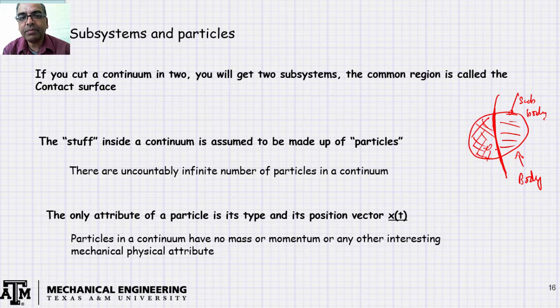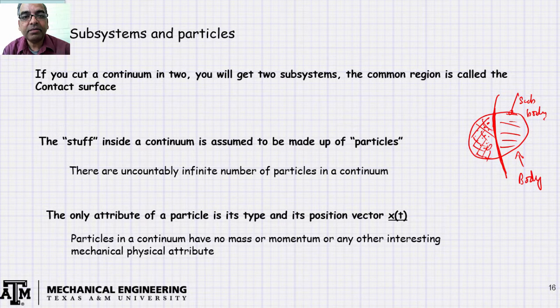The stuff that makes up the interior will be called interior particles. There will be an uncountably infinite number of particles in a continuum because at every point in the interior there is a particle. By the way, the only attribute that a particle can have is position vector and type of particle.